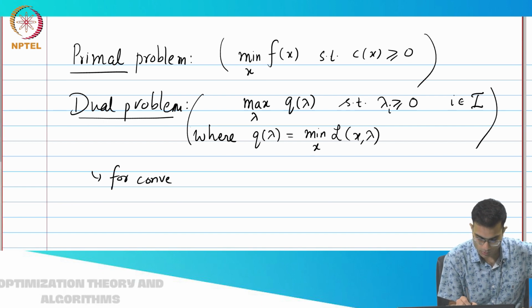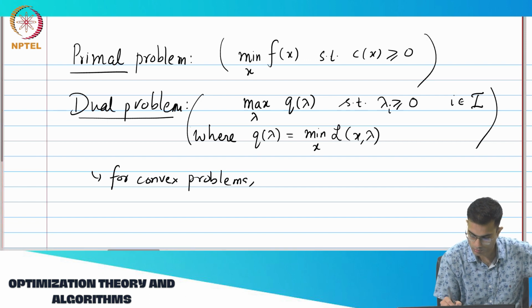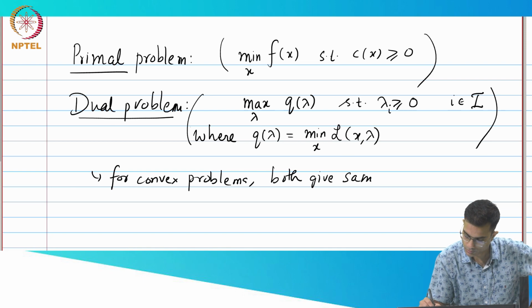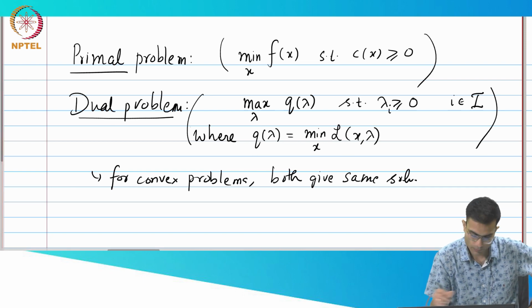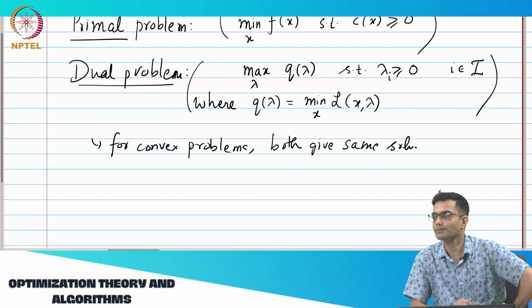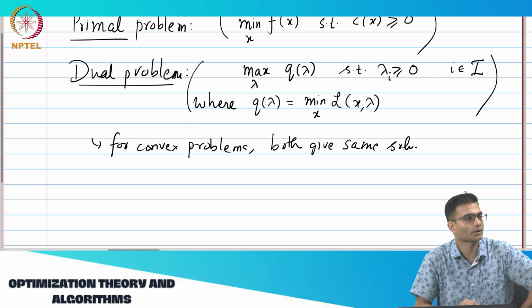For convex problems, both give the same solution. And in many problems, it turns out that the dual problem is easier to solve than the primal problem.